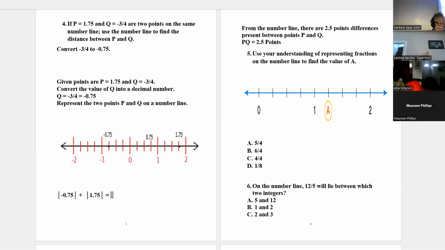Alva, you remember what we said about absolute value, right? So a minus 0.75, what's the absolute value? No, minus 0.75. We're only talking about this one.